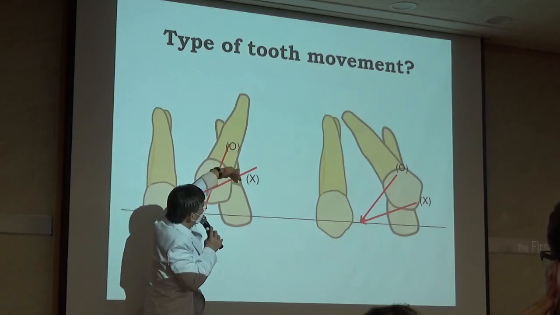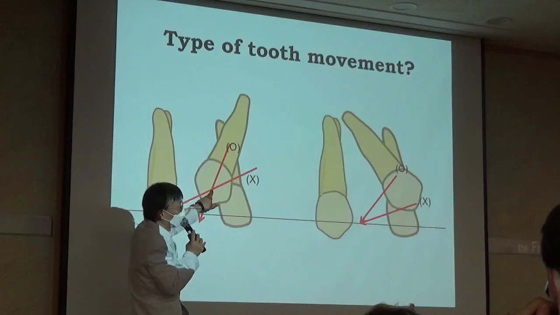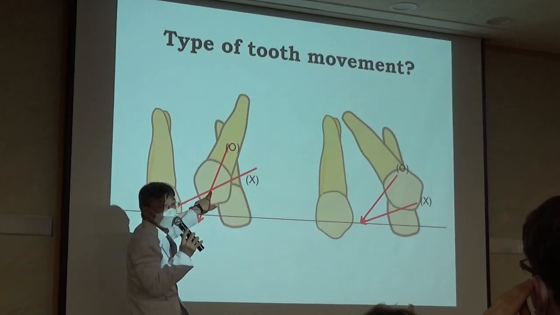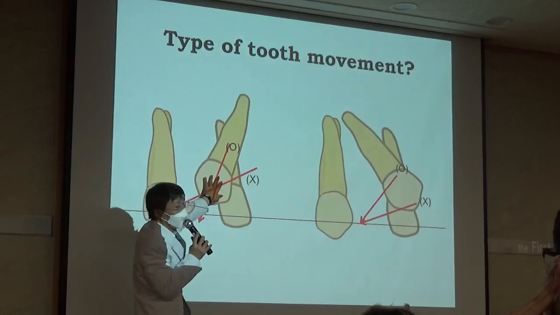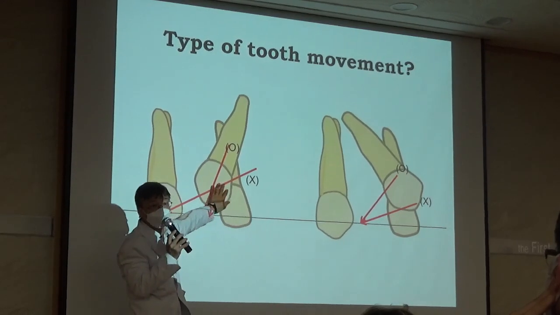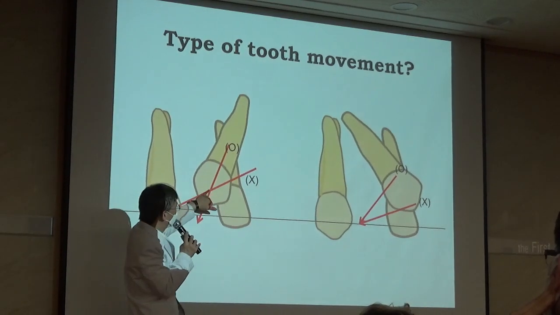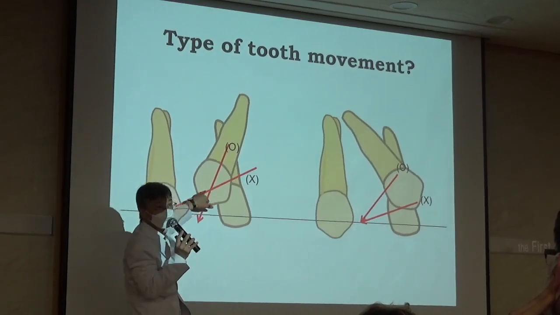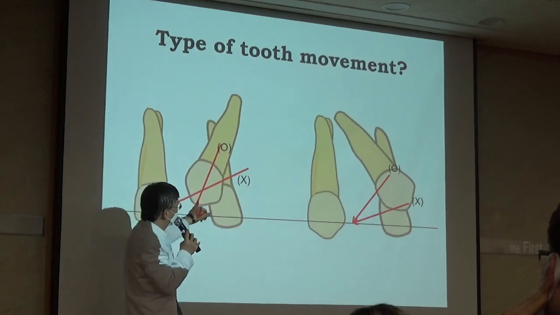And just because this is what you see from a clinical standpoint, you probably want to give a power chain this way. Is that correct? Because the canine is located on the very distal side of the lateral incisor, you want to relocate the canine this way. Is this direction okay? Or this direction okay?